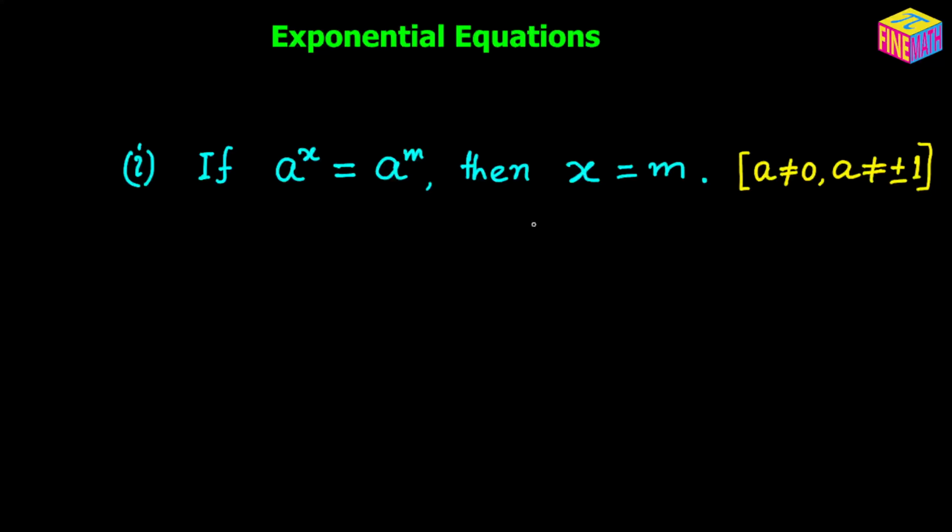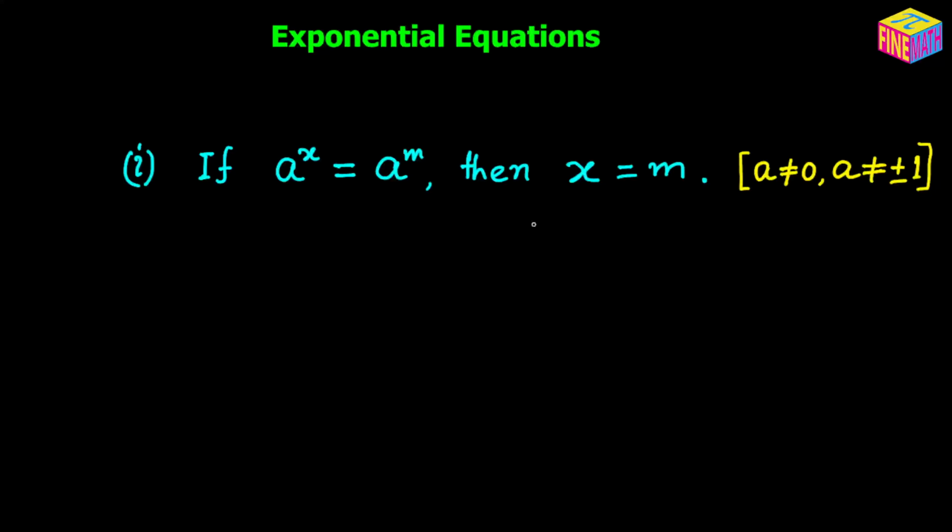Well, the powers look different, but because the base is the same and it is an equation, we can say that the powers must be equal. So from here we can say that x minus m must be equal to 0, and from here we can say that x must be equal to m, and that's exactly what we wanted to prove. Here also we have proved the same thing, that x is equal to m.